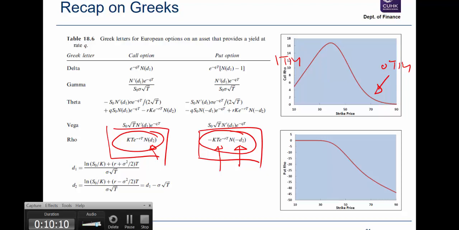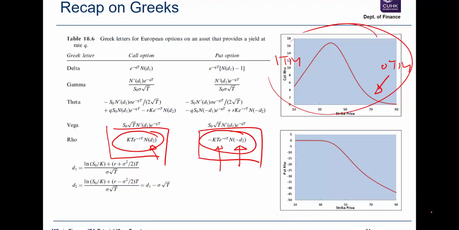But in any case, you can see that the rho of a call should be at a maximum when it is slightly in the money. Now I know that's not the case with this diagram, but the rho of a call is not maximum when it's at the money. Please be a bit careful how you interpret this graph, because we are holding the stock price constant.